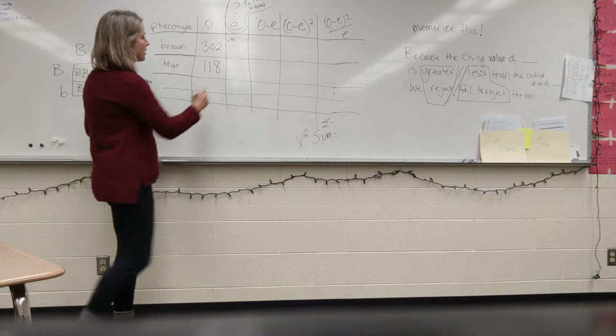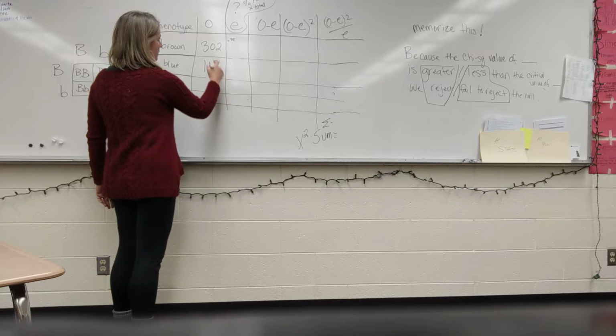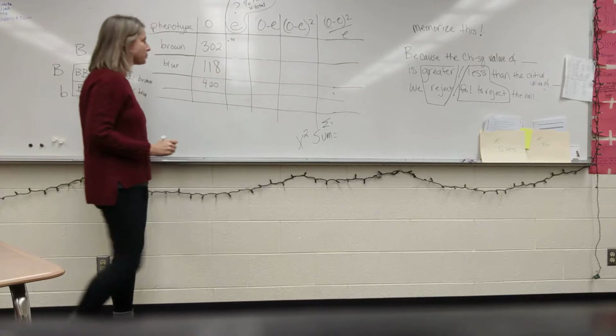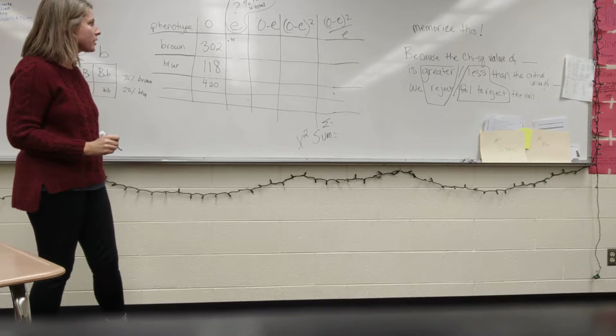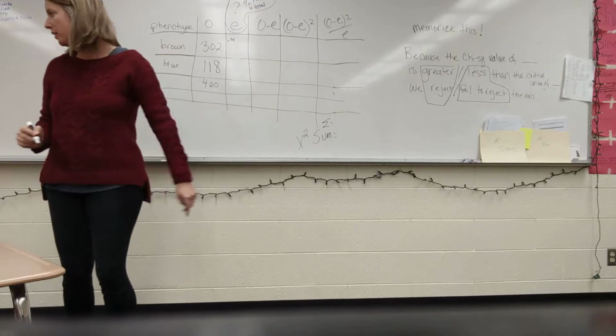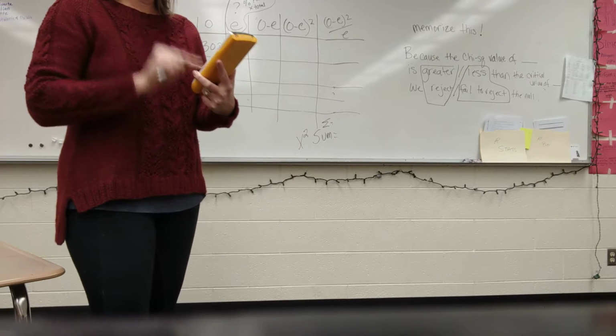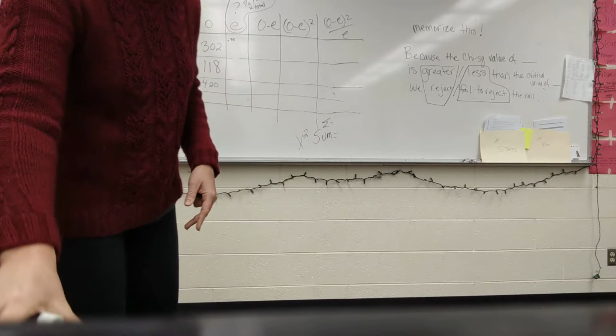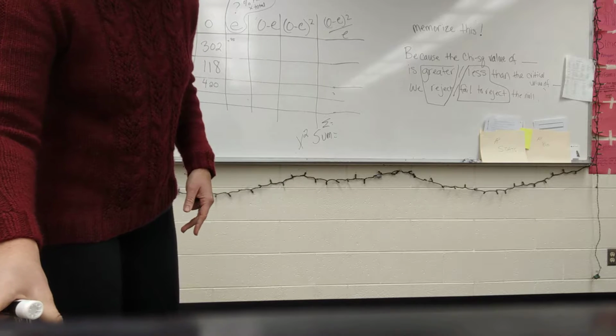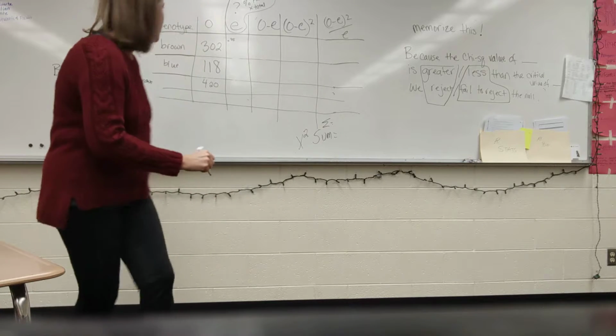In this case, it is 420 children. So we take 420 children times 0.75. Get your calculators out. 420 times 0.75 is 315.